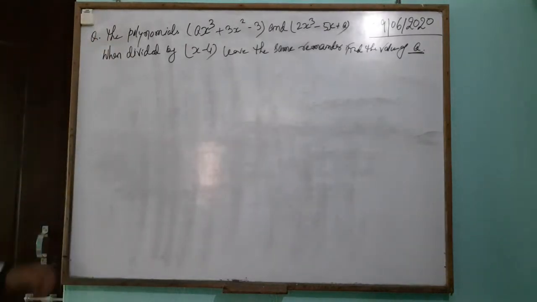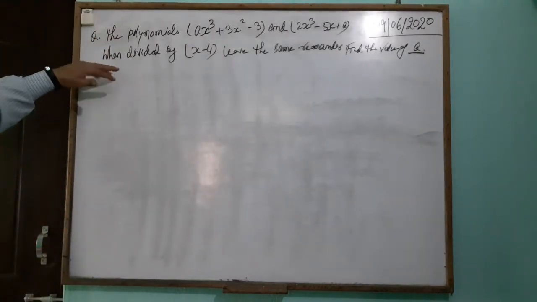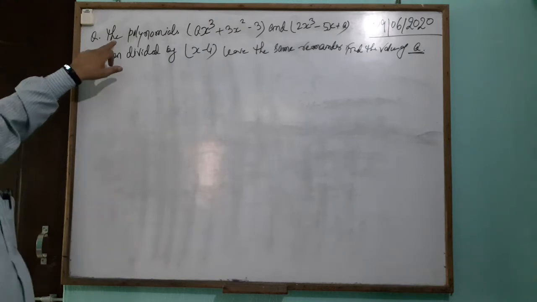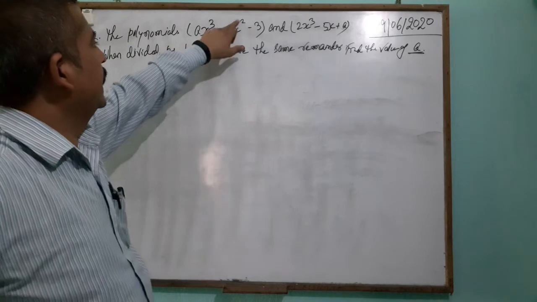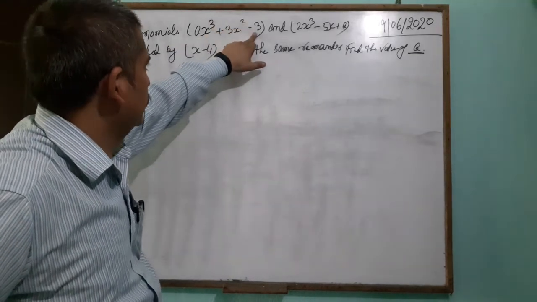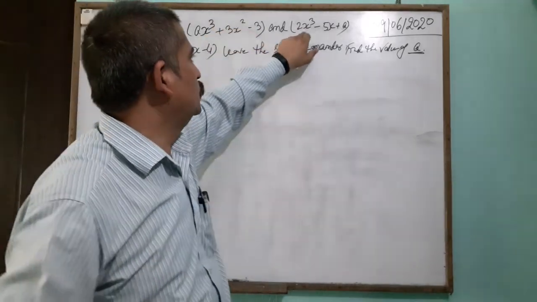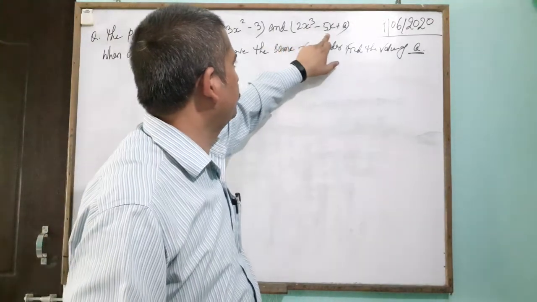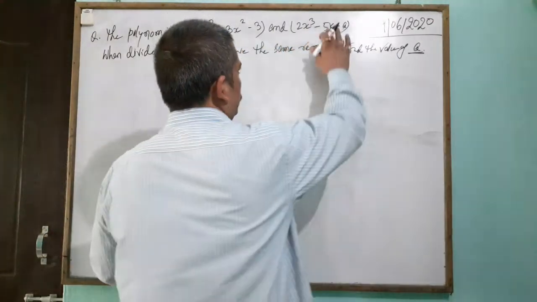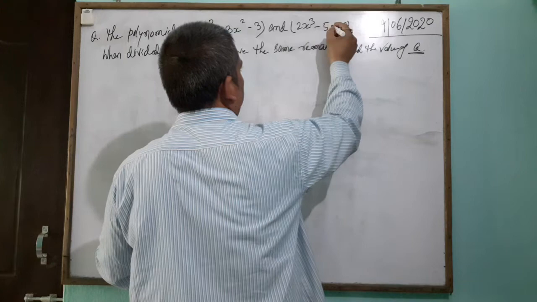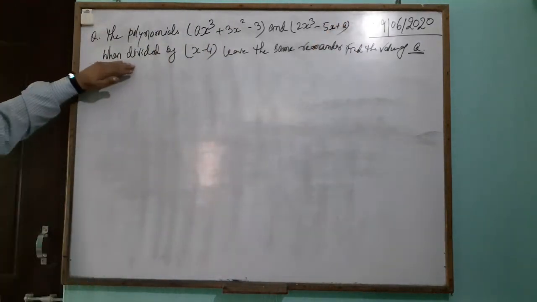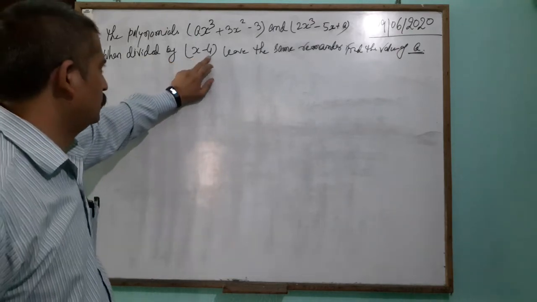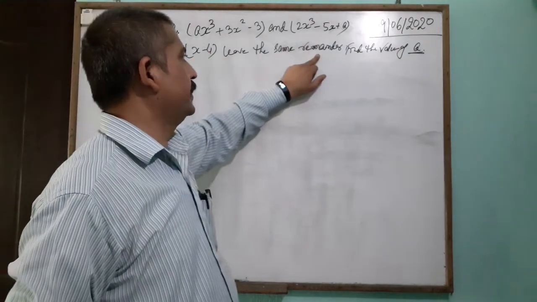Next, a different type of question, one given from R.S. Agarwal. The polynomials ax cube plus 3x square minus 3 and 2x cube minus 5x plus 8, when divided by x minus 4, leave the same remainder.